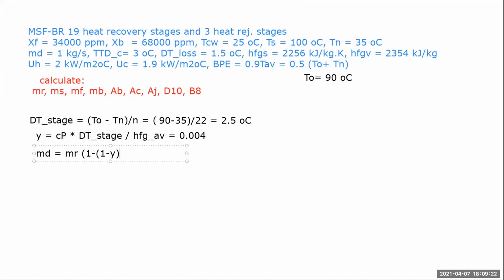Doing that, what do we know? We know the value of m dot distillate, it's 1. We know the value of y, which is 0.004. We know the value of n, which is 22. So from here, we can calculate the value of MR, and it calculates as 11.74 kilogram per second.